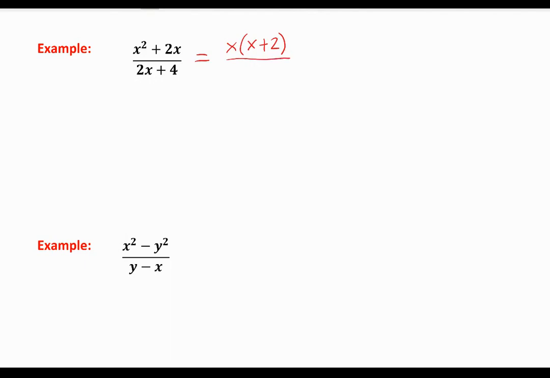In the denominator, I can write 2 outside the parentheses and x plus 2 inside the parentheses. So we can simplify these. x plus 2 cancel each other, so I have x over 2.